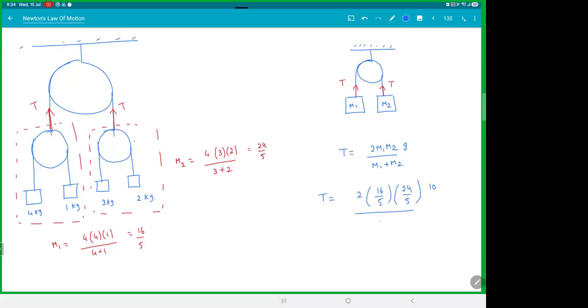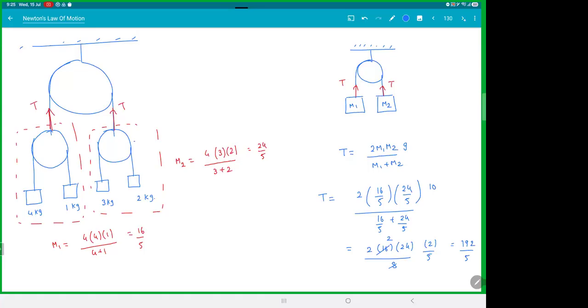M1 plus M2 is 24 plus 16 over 5, which is 40 by 5, that is 8. So 2 into 16 into 24 by 5 into 8 gives 192 by 5. That's the tension in the string.